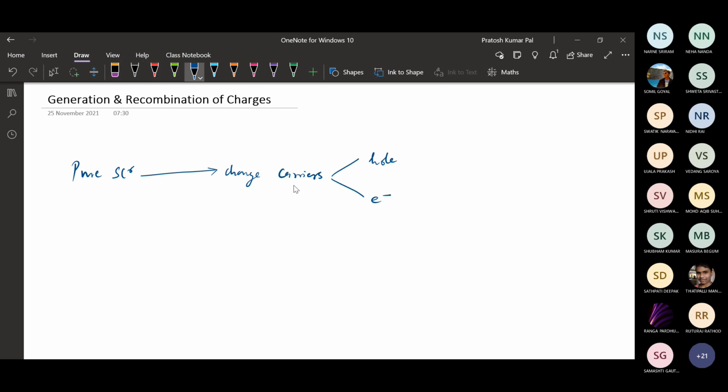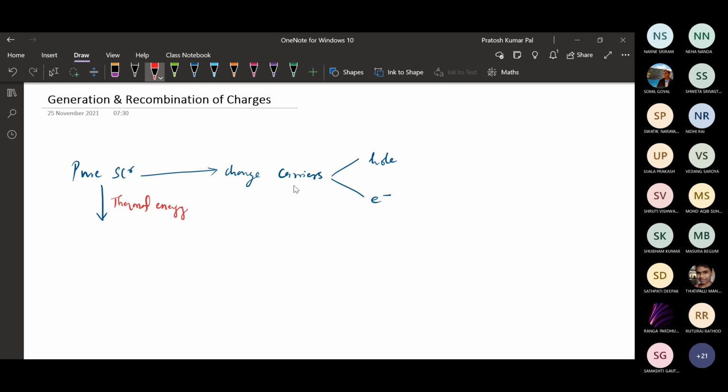So in pure semiconductor, what we are going to do is basically we are going to apply the temperature, or we can call it thermal energy. We are going to provide a thermal energy. So semiconductor is there, on that we are putting a light.